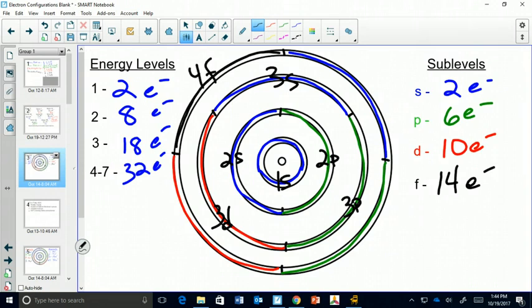So for F, for S, for P, for D. Maybe, potentially, theoretically, we can keep that going. 5 would be just like 4. 6 would be just like 4. 7 would be just like 4. Casey, have you ever found that 8 sublevel? It would be just like that, theoretically, because we haven't actually discovered it.